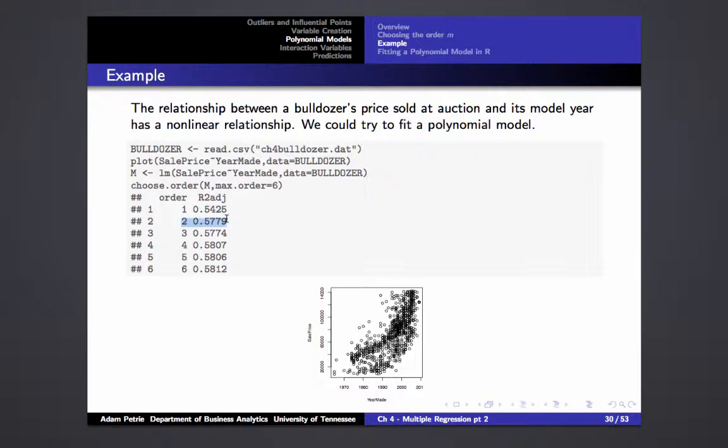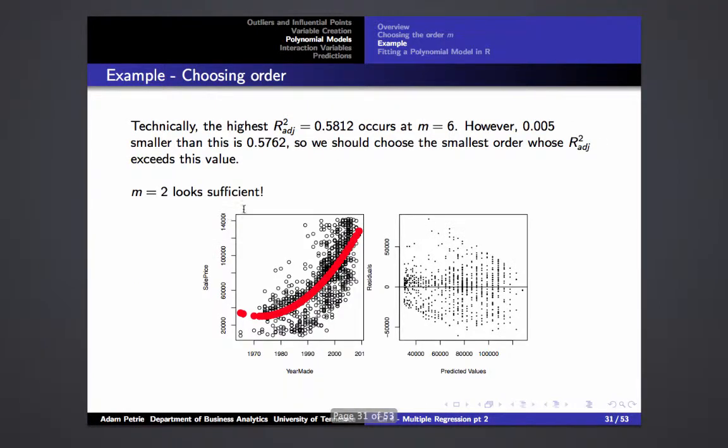So it looks like I really only need to have year made and year made squared in the model. And in fact, when I do that and plot what the resulting curve is, it looks like it fits the trajectory fairly well. And if I look at the residuals plot of that, I don't see any sort of leftover curvature. So it looks like an order 2 polynomial, year made and year made squared, is sufficient for describing the curvature in the stream of points.